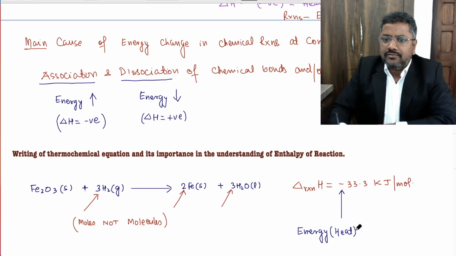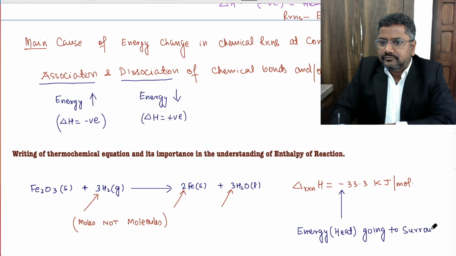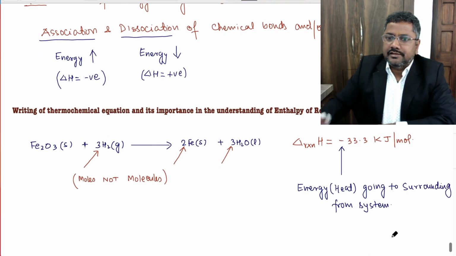So heat energy going to surrounding from system, this negative sign.